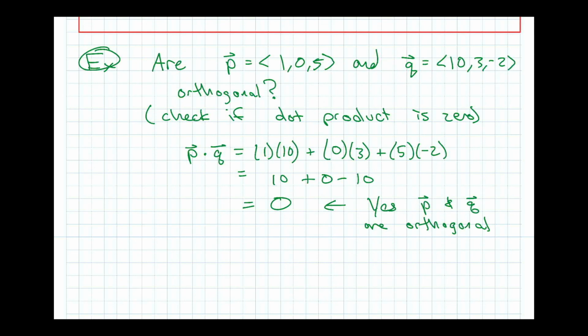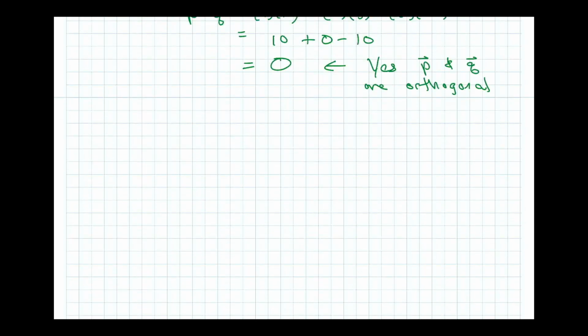Another question they like, I think they do this in the homework, so I'll do one example of this as well, is they give you two vectors, but they give you a variable in one of them.